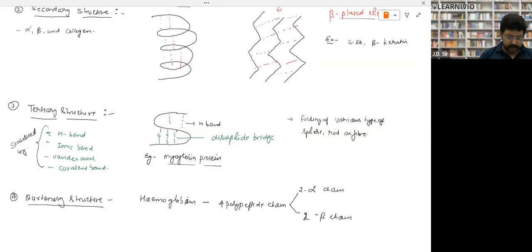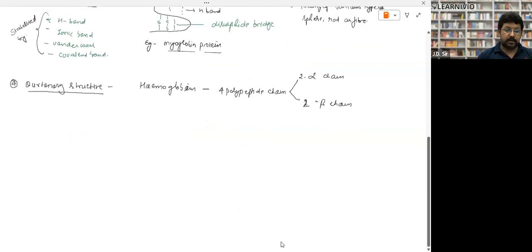Put the heading quaternary structure. This is found only in multimeric protein. Full stop.